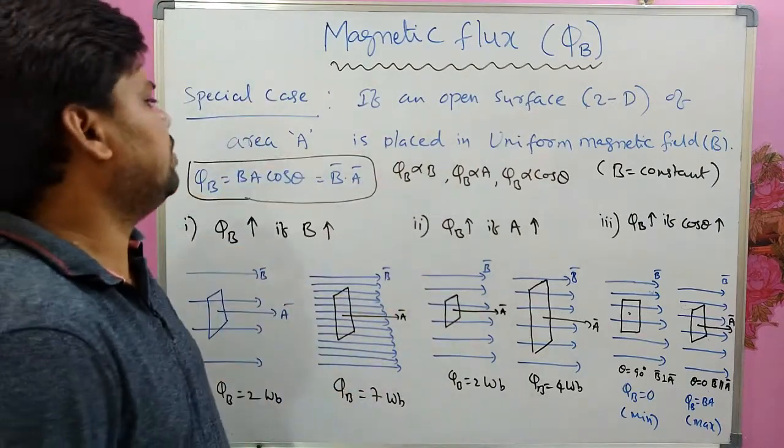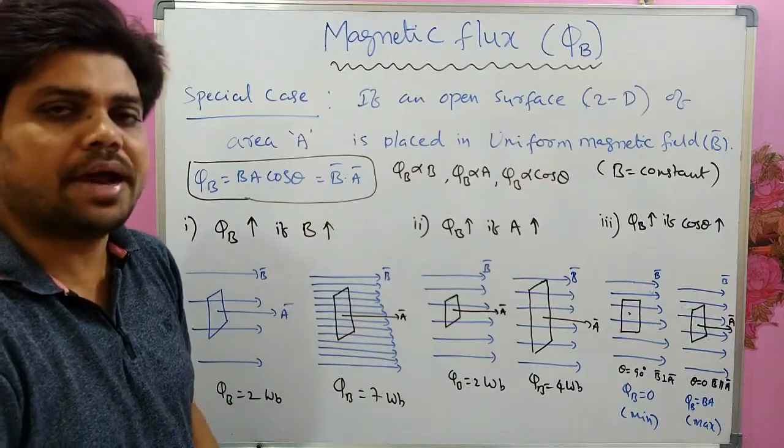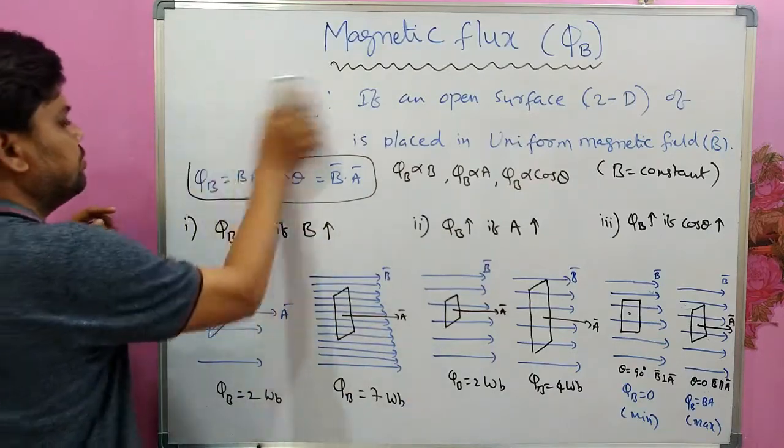If a closed surface is placed in a magnetic field, it can be uniform, it can be non-uniform, it can be anything.